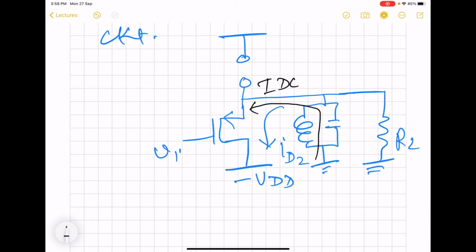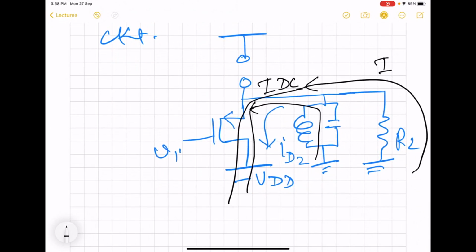So this is IDC, and the fundamental is going to flow like this. And all the higher harmonics, the even harmonics, they will be following this path.